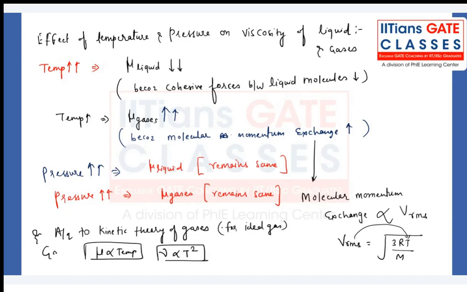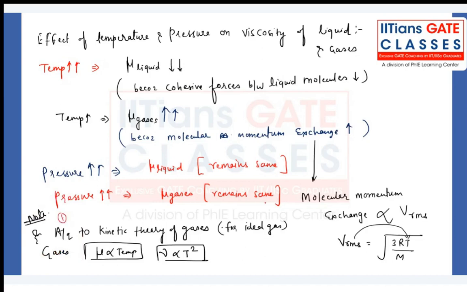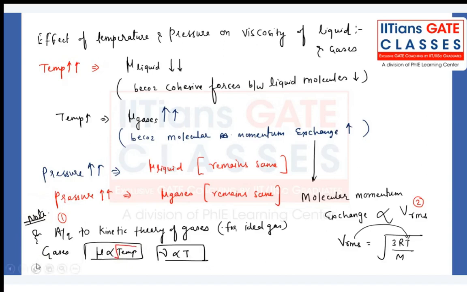I'm talking about gases. Make a note of it. So this is another proof. One proof is this one, the second proof is this one. Both proofs suggest that it is independent of the pressure. This will be under root of T, and this will be 3 by 2. This has to be corrected. Yes, 3 by 2.